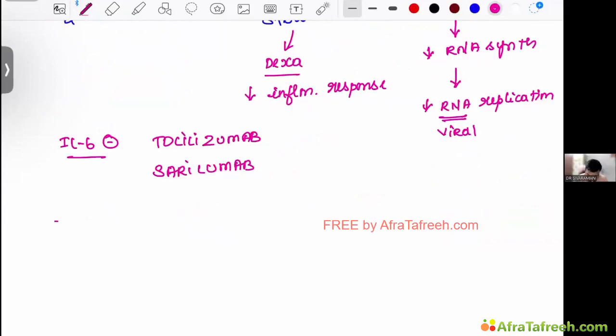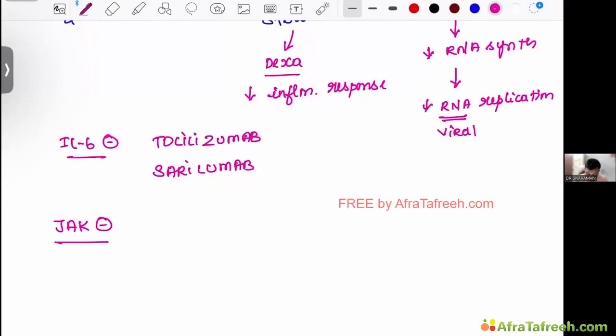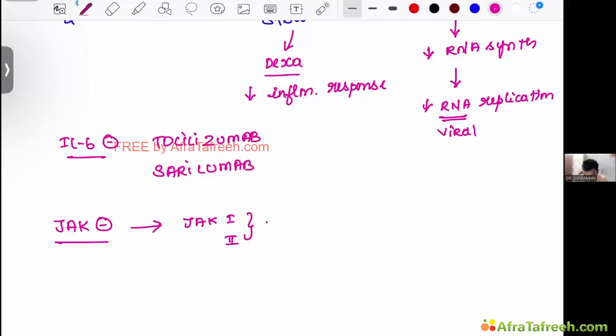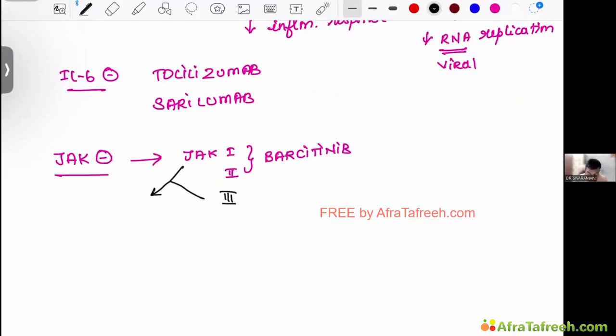Then you go for JAK inhibitors. Here we have drugs acting on JAK 1 and 2, and JAK 1 and 3. The drug which acts on JAK 1 and 2 is baricitinib, and the drug which acts on JAK 1 and 3 is tofacitinib.